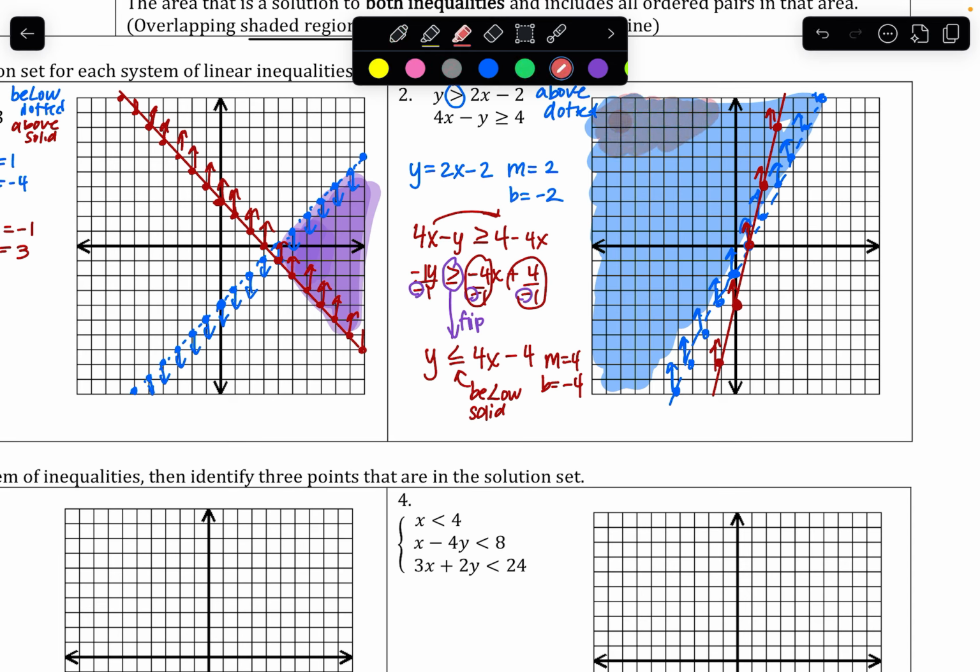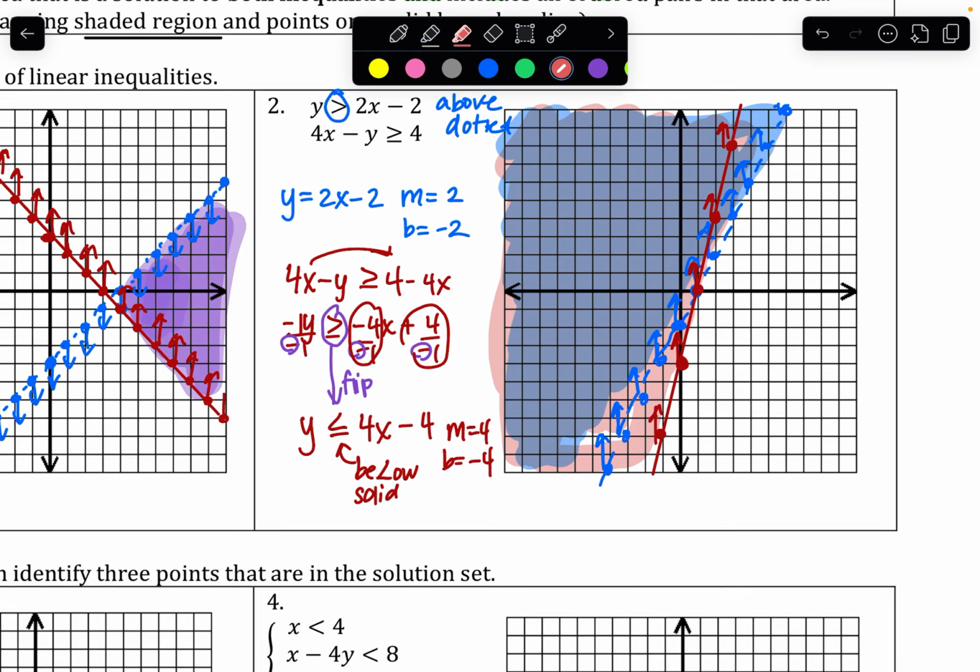would be this region over here. Okay, and so the region that got shaded twice, above the red and above the blue, is the top left quadrant. So if I get red, let me get my purple.